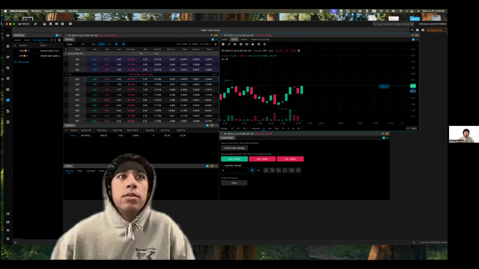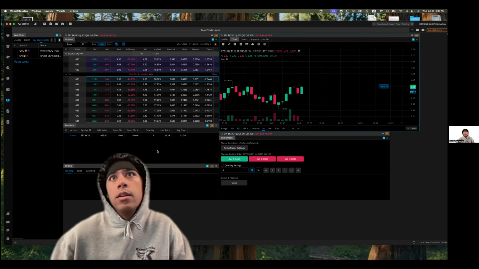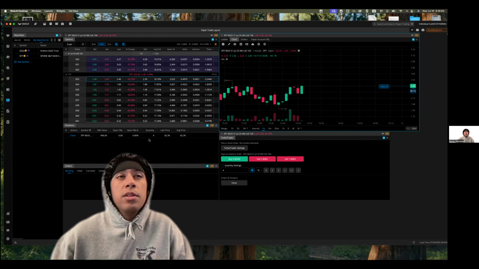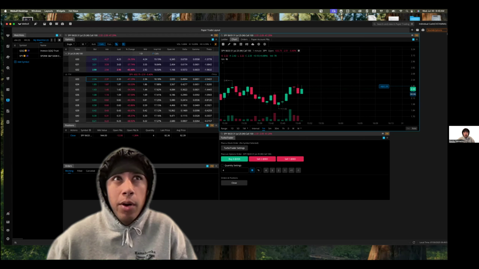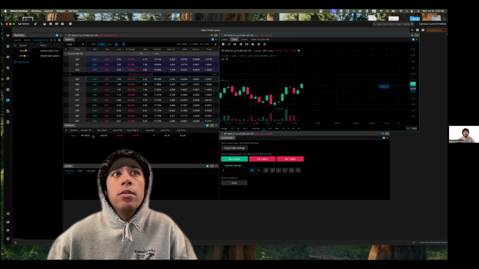This is my working orders, which right now I only have one, and it's in effect, which is why it's in the positions tab. A position is basically, to my understanding, any foot that you have in the market currently. So currently I have a call option going, which is why I have this position open.